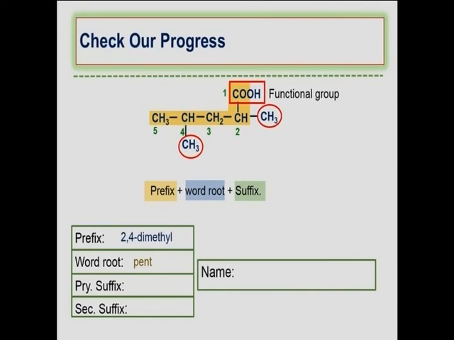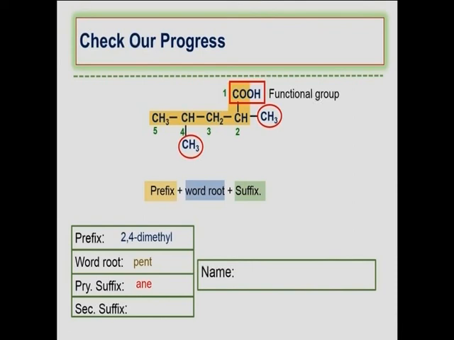Then what is the primary suffix? Is it a single bond? Is it a double bond? Is it a triple bond? Ours is a single bond, which means it belongs to the family of alkane. So our primary suffix will be ane, alkane.